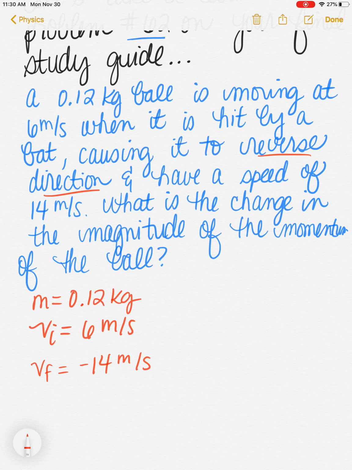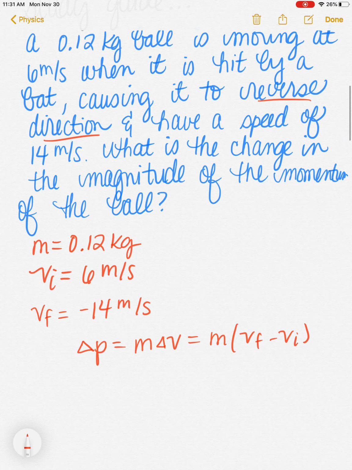So we are supposed to find the change in the magnitude of the momentum. So delta P. Delta P is equal to mass times the change in velocity here, or we could write that as mass times the quantity V final minus V initial. So if I take a look here, I know mass and both of the velocities, so I can start plugging in my values.